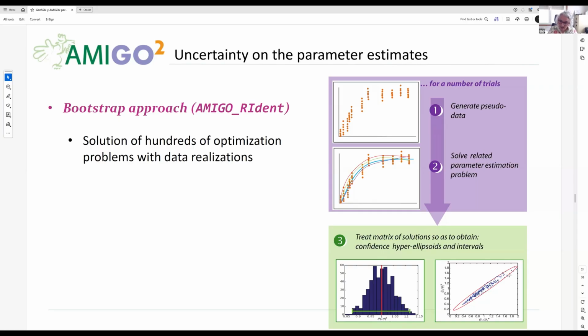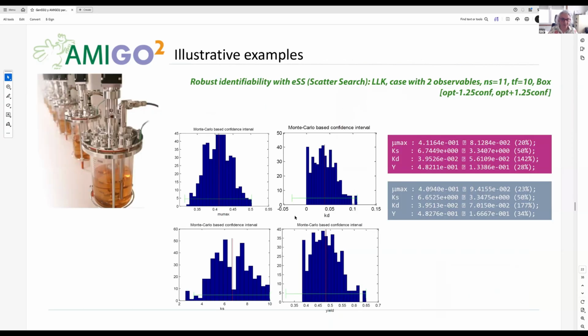And what is nice here is that you can see, for example, clearly here that the confidence interval is an elliptic region, at least in the two-dimensional space. And you can think of a hyperellipsoid in the general space of all parameters.